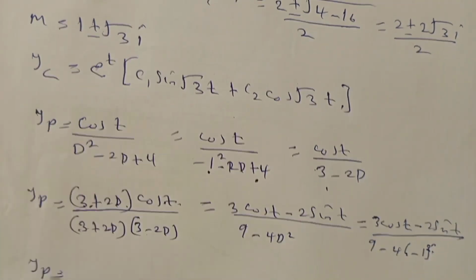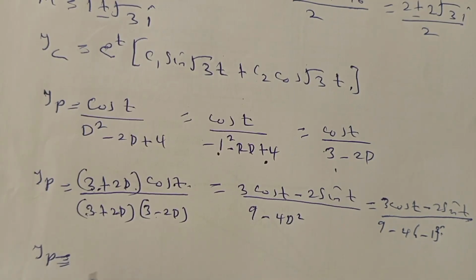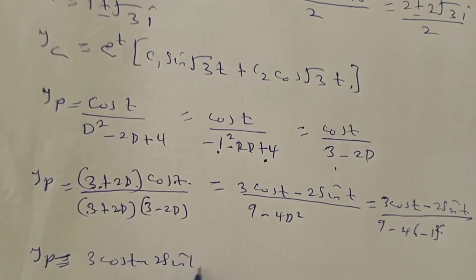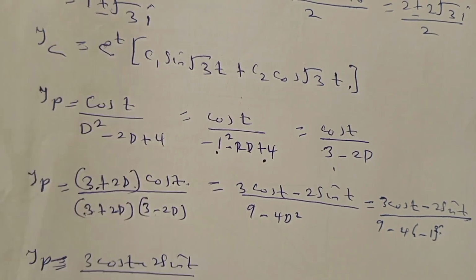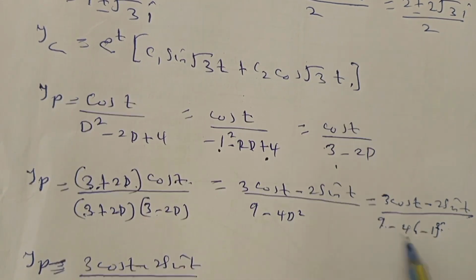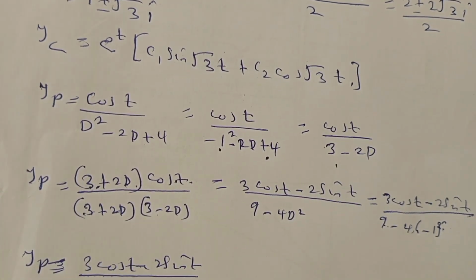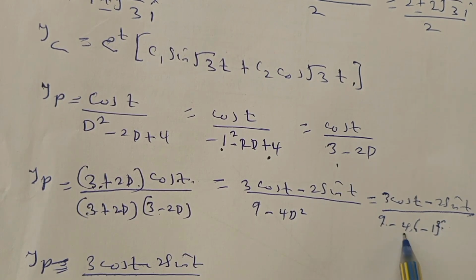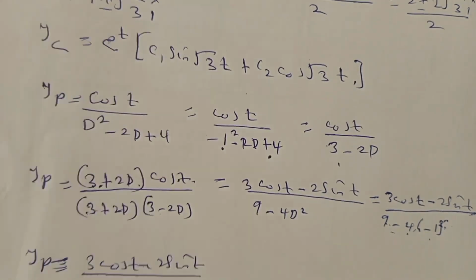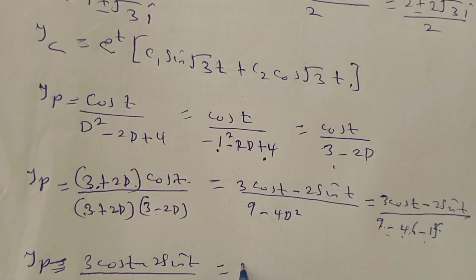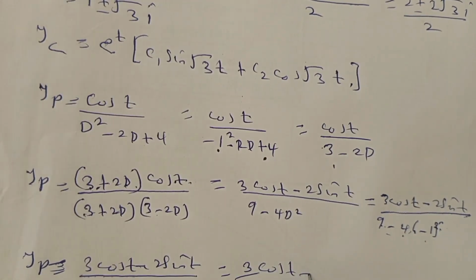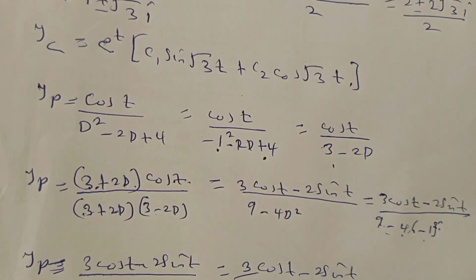So our yp will be equal to 3 cos of t minus 2 sine of t divided by 9 minus 4 and minus 1, which will give you plus, so we will have 13. So which is equal to 3 cos of t minus 2 sine of t, divided by 13.